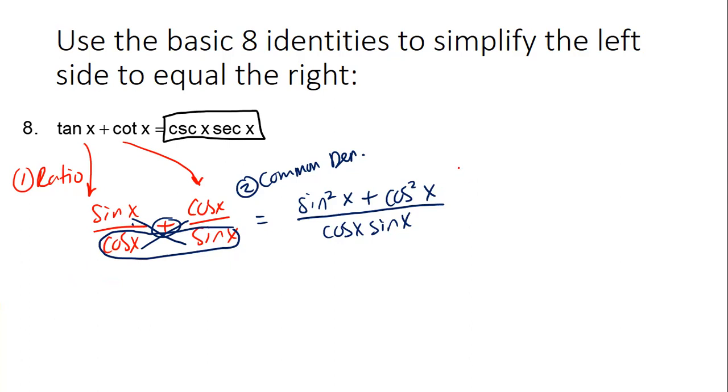Okay. What's going to be my third move? Sine squared plus cosine squared equals 1. Next step is to use the Pythagorean identity. Sine squared x plus cosine squared x equals 1. So I have 1 over cosine x times sine x.